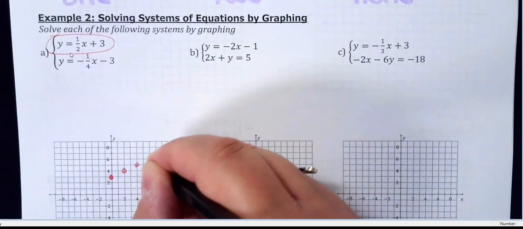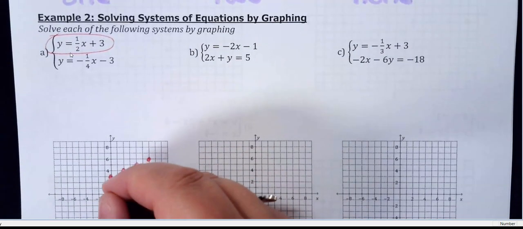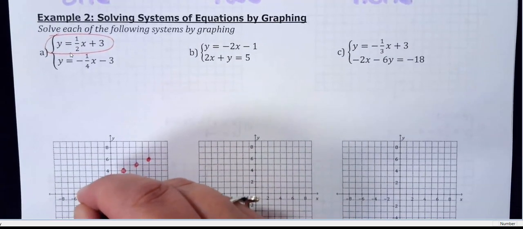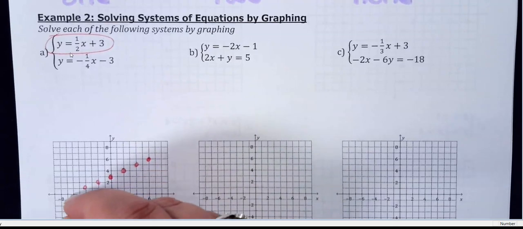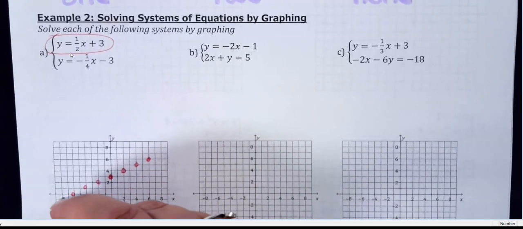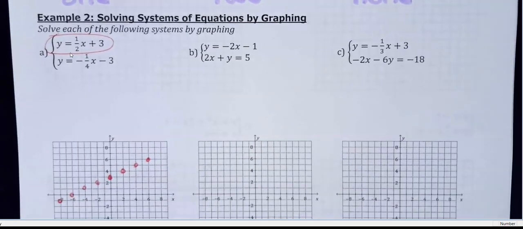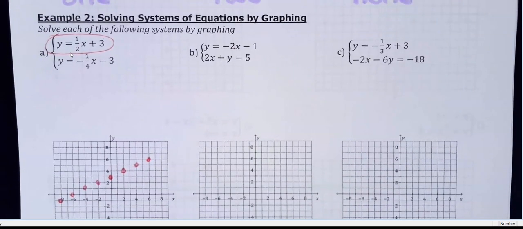You don't have to do this, but if I'm solving a system by graphing, I usually graph more points than I normally would if I was just sketching the line, because what I'm ultimately trying to see is, if these two lines intersect, what's the point they have in common. And I promise, if we're asking you to solve a system by graphing, the intersection will be on a nice point.